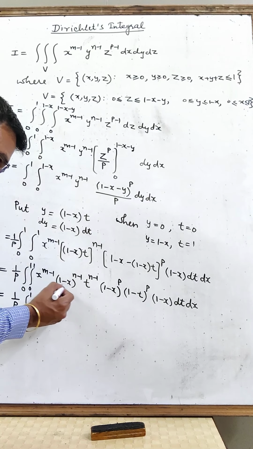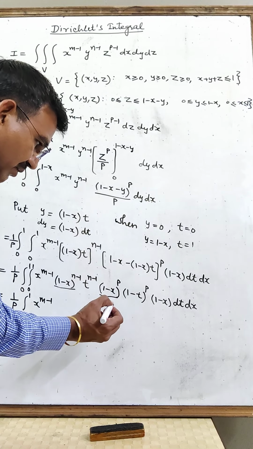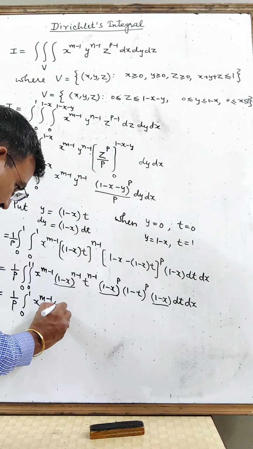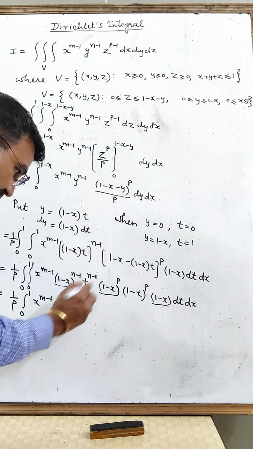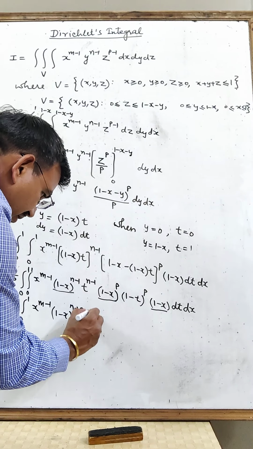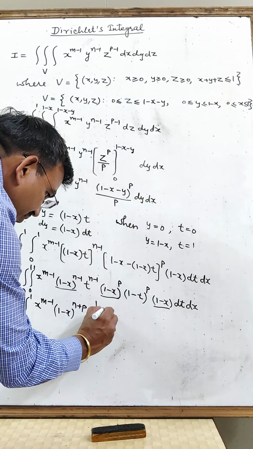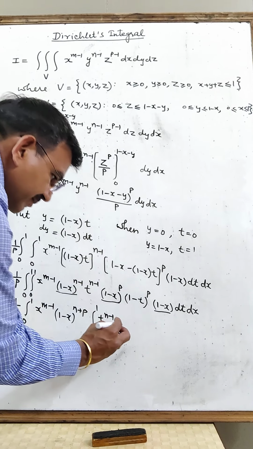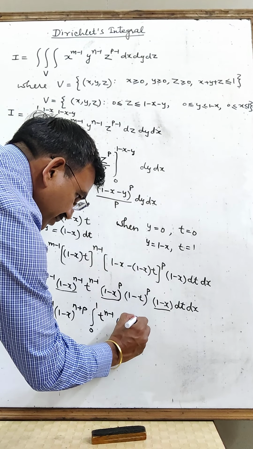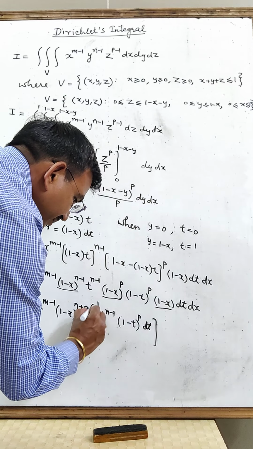Here (1 minus x) raised to the power n minus 1, (1 minus x) raised to the power p, (1 minus x), so it would become (1 minus x) raised to the power n plus p, and here it is integral 0 to 1 t raised to the power n minus 1, (1 minus t) raised to the power p, dt.